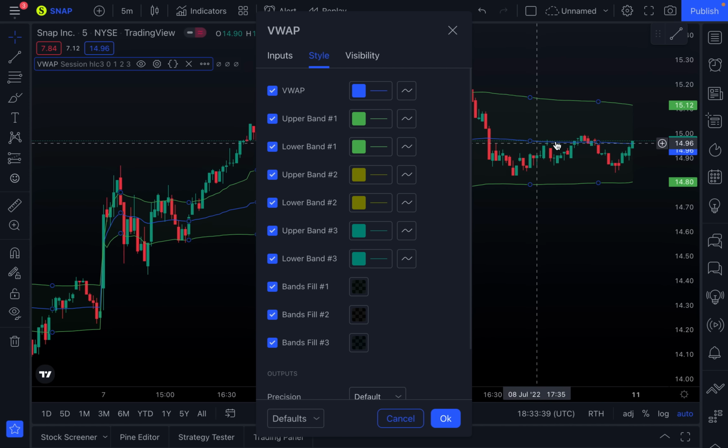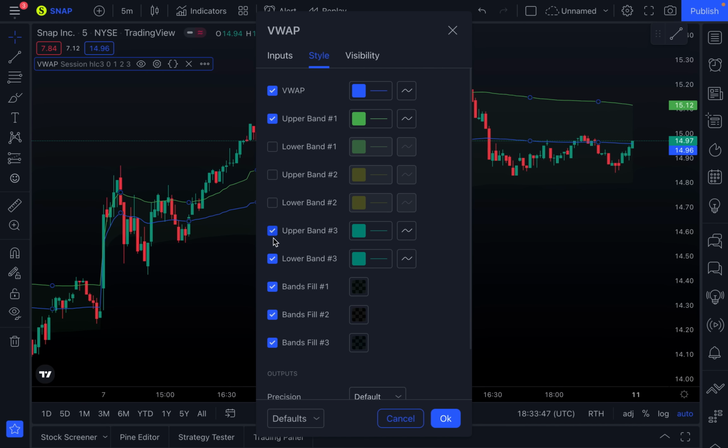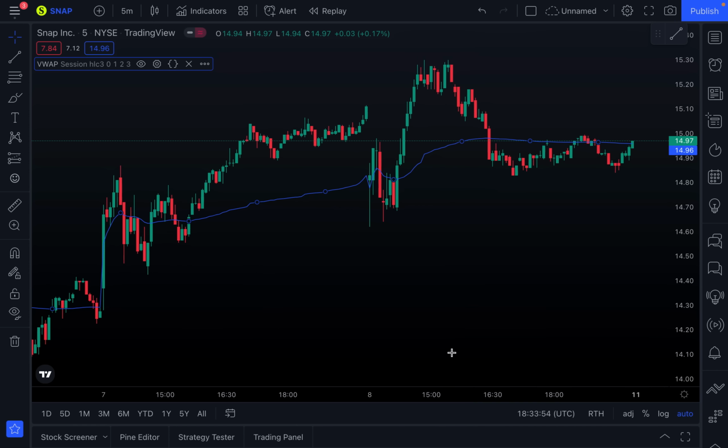The actual VWAP is the blue line, by the way, and you can see here which one it is. So I'm just going to hide everything underneath here. Go ahead and click on all these check boxes, and that one right there too. Then click on OK. Now, as you can see, we only see the blue line, which is the actual VWAP.